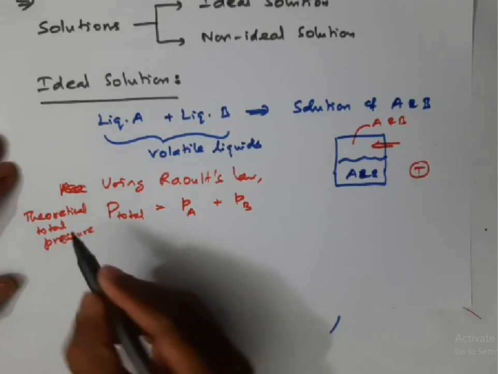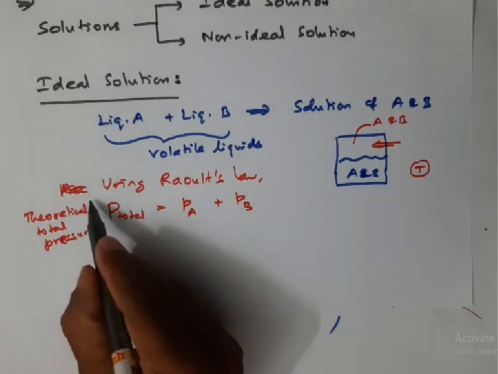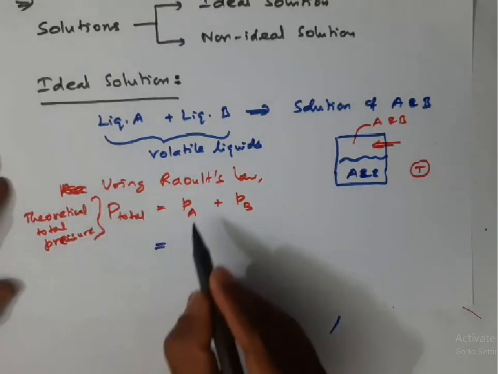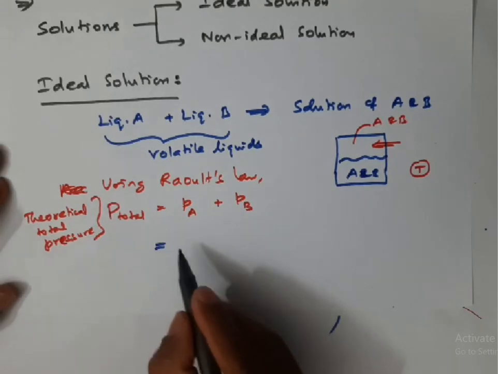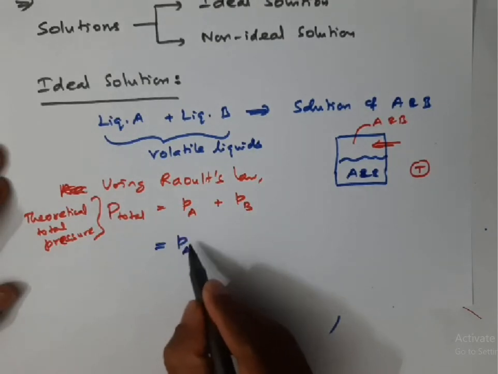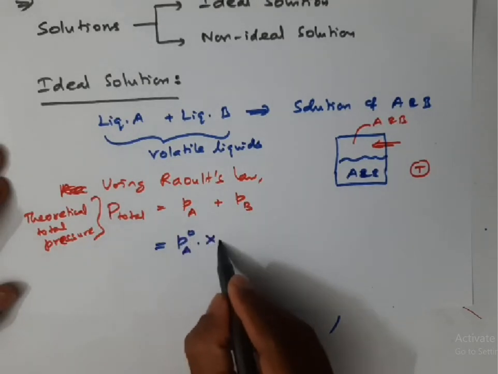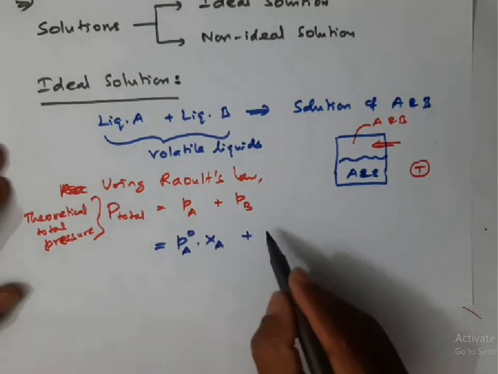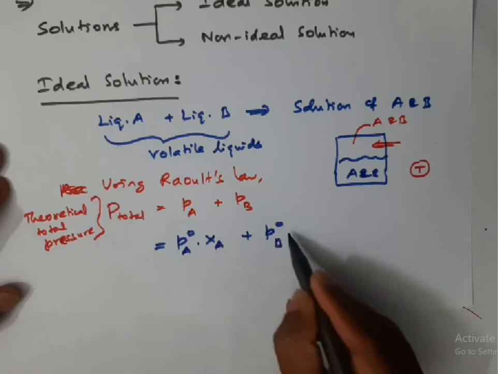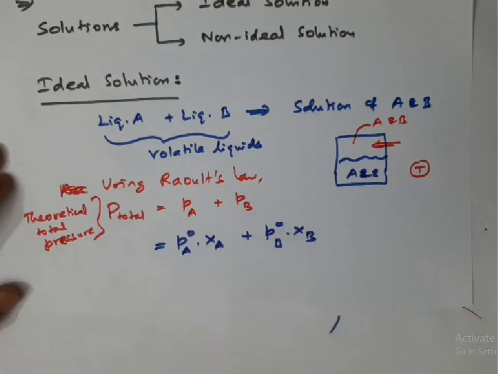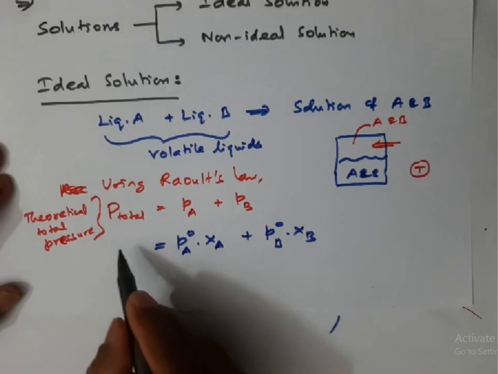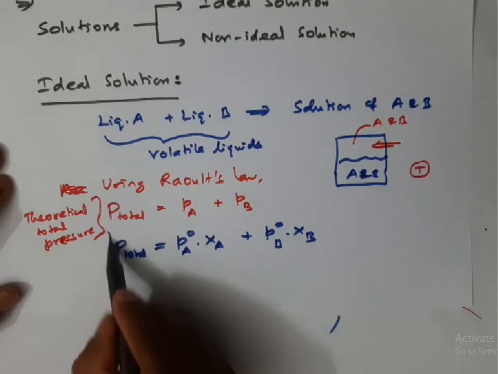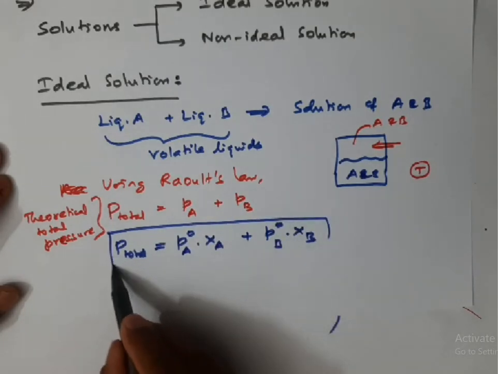Now, according to Raoult's law, partial pressure of A is nothing but vapor pressure of pure A into mole fraction of A, and partial pressure of B is nothing but vapor pressure of pure B into mole fraction of B. So total vapor pressure is equal to the sum of these two quantities.